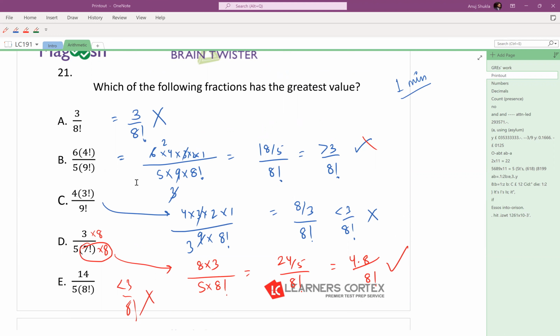Which one was that? The last one. 24 by 5 by 8 factorial is equal to 4.8, right? Okay, 4.8. Yes, sir. Understood. That is 4.8. 24 by 5 is more than 4. Yes, sir.